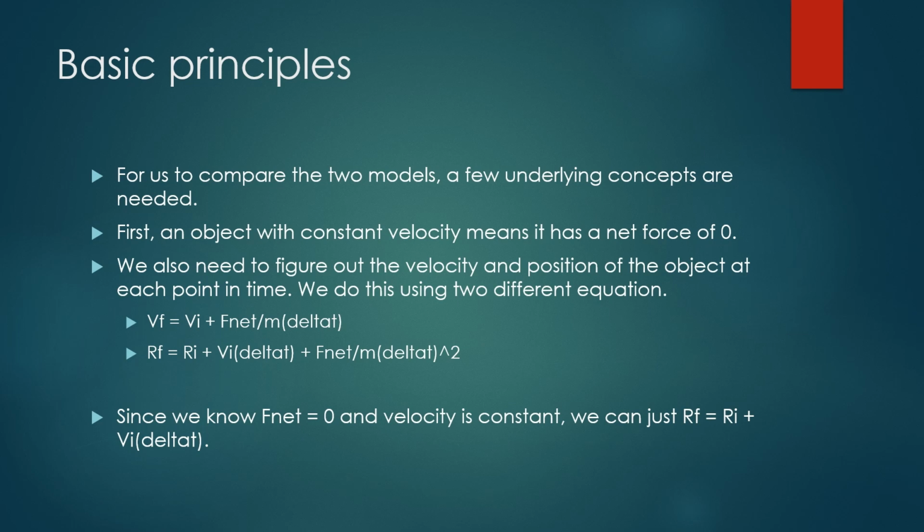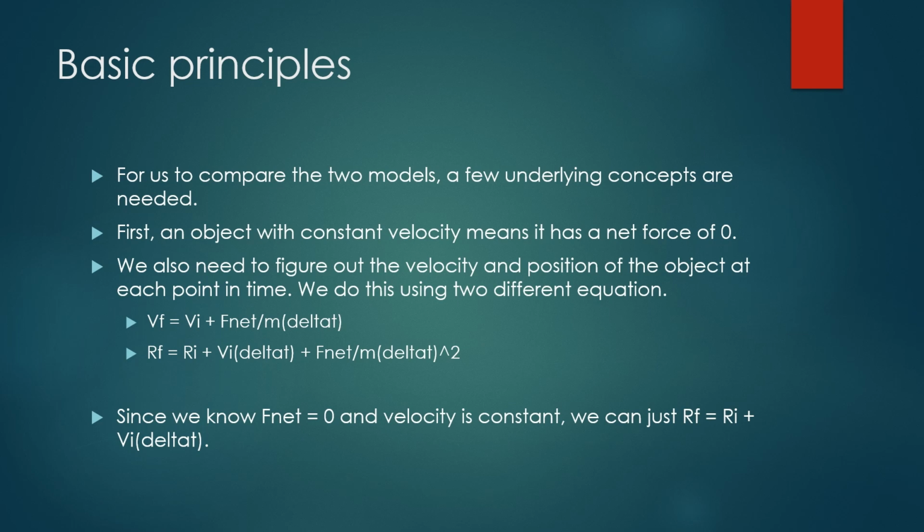This is the final velocity equals the initial velocity plus the net force divided by the mass multiplied by the change in time. The next one is Rf equals Ri plus Vi delta t plus F net over m delta t squared. This is the final position equals the initial position plus the initial velocity multiplied by the change in time plus the net force divided by the mass multiplied by the change in time squared.